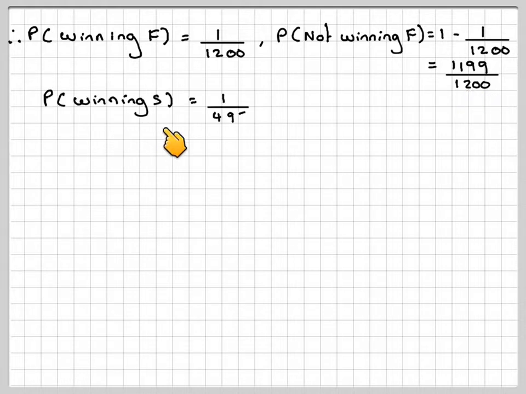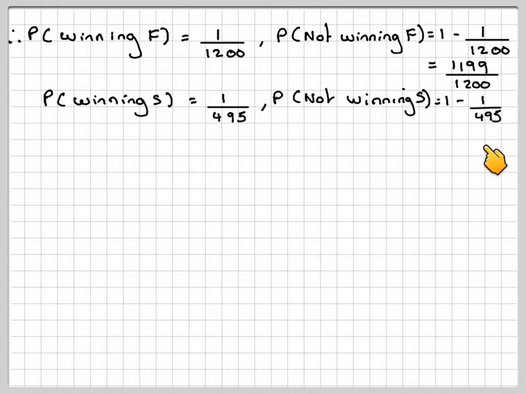And then the probability of winning the Saturday lottery is 1 over 495. And the probability of not winning the Saturday lottery is going to be 1 minus 1 over 495, which is 494 over 495.